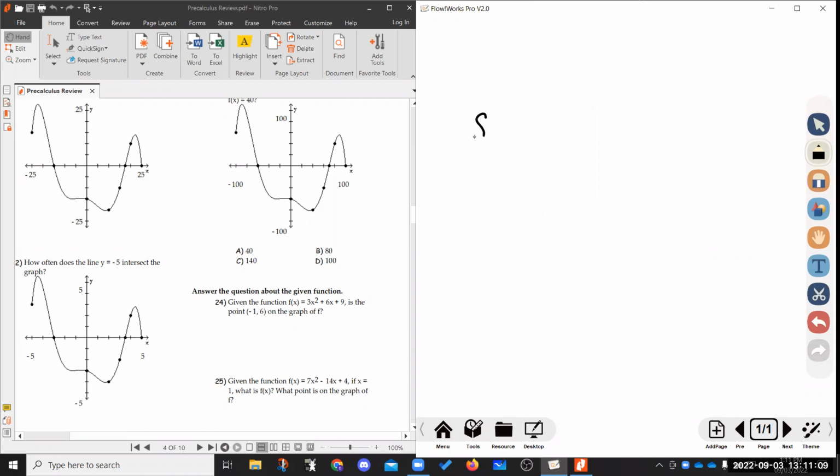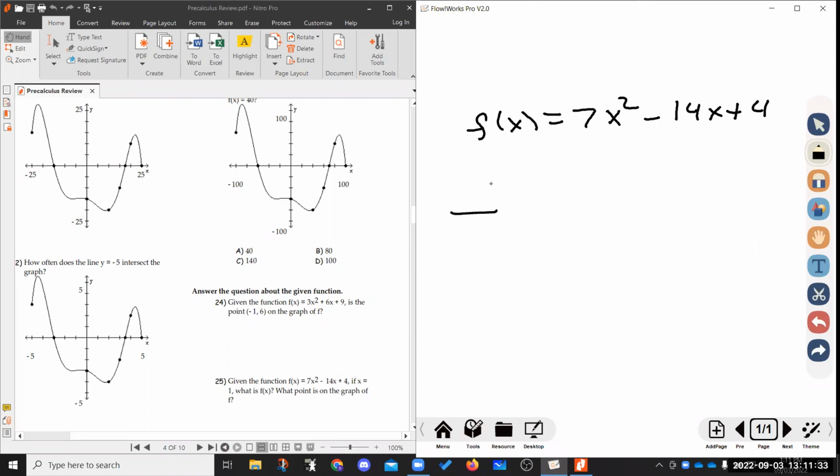Given the function f of x is equal to 7x squared minus 14x plus 4, if x equals 1, what is f of x?